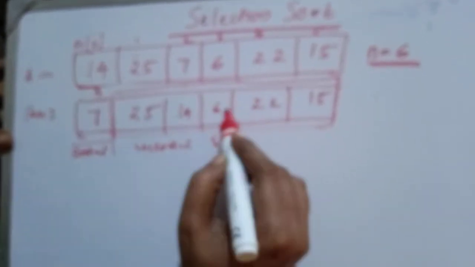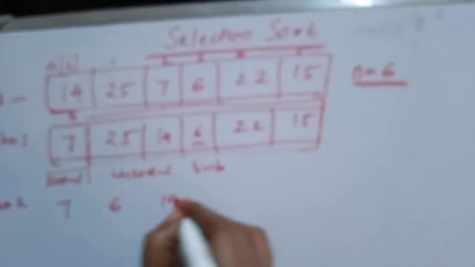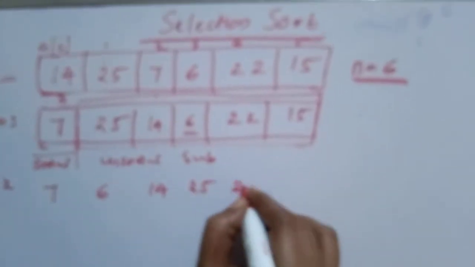When we take the minimum from the list, we find that 6 is the minimum, and we compare this 6 with the first element in the unsorted subarray. Now our array in pass 2 will be 7, 6, 14, 25, 22 and 15.